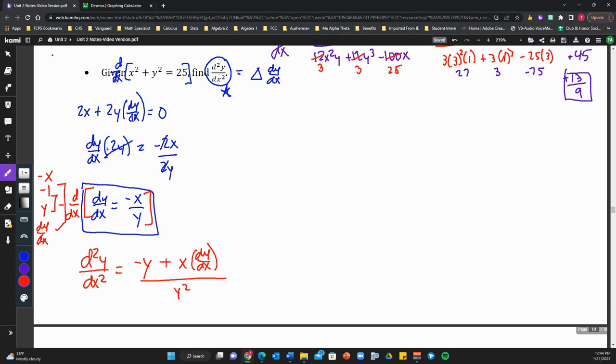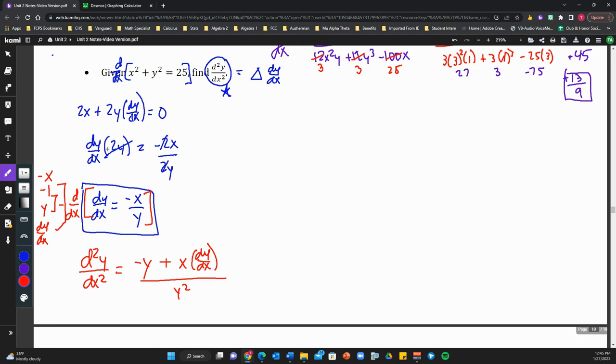Okay? So if you notice, my d2y/dx2 equation has a dy/dx quantity in it. We don't want that. If I wanted to evaluate this equation, I would have to take the x and y coordinates that I'm plugging in for these three spots and then go back to dy/dx, plug them in here, get a number, and then plug that in here.